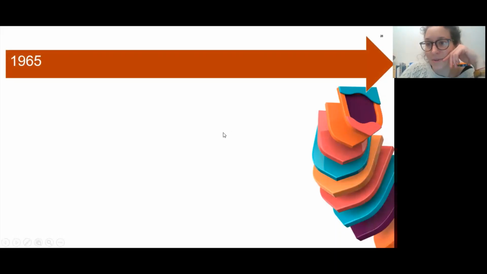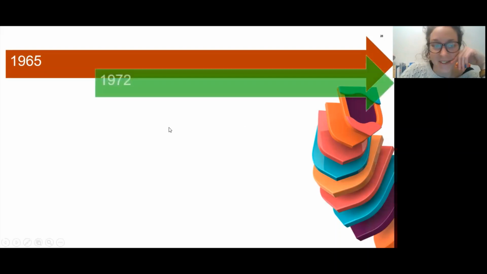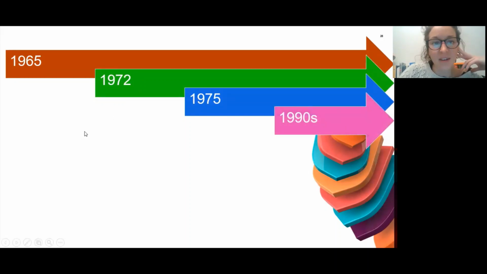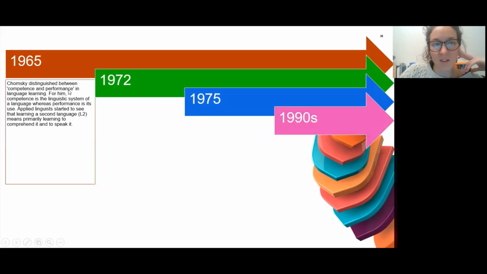So to wrap up, I just started talking about the 60s and 70s. There were a few things that happened in language teaching, in pedagogy generally. For example, in 1965, Chomsky started talking about competence and performance in language learning. For him, competence is the linguistic system of a language, whereas performance is its use.